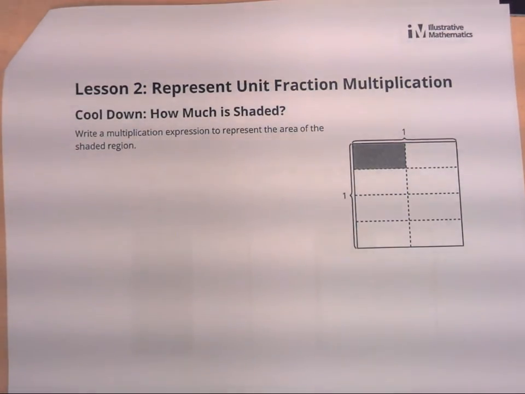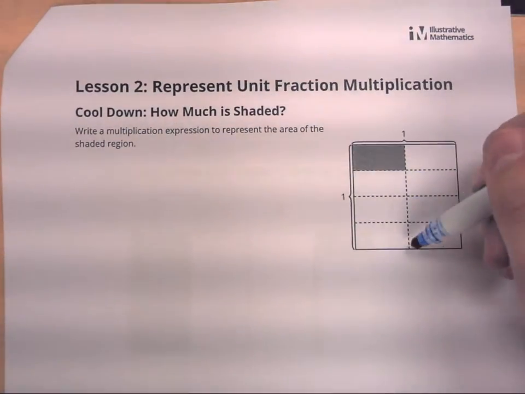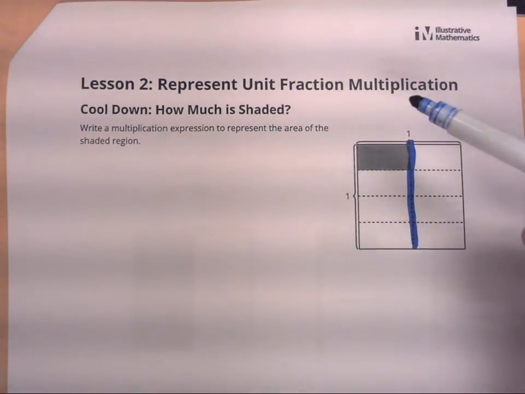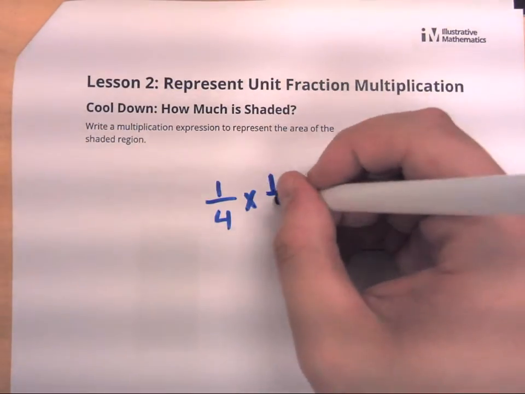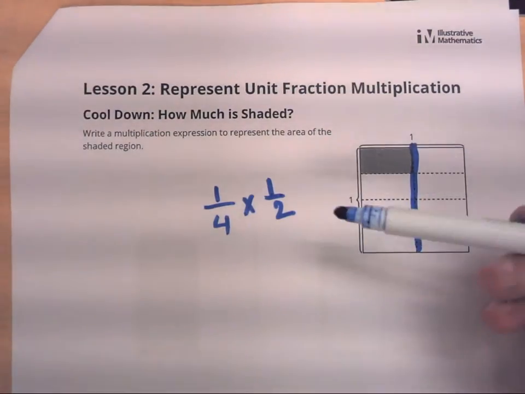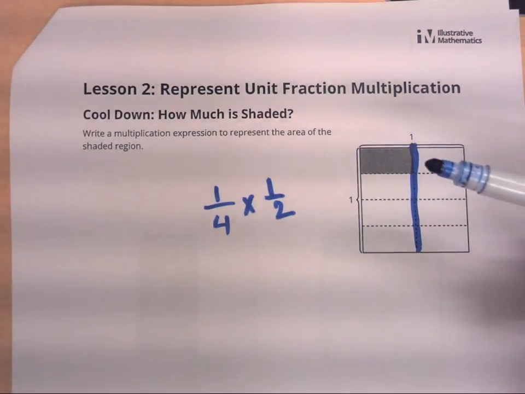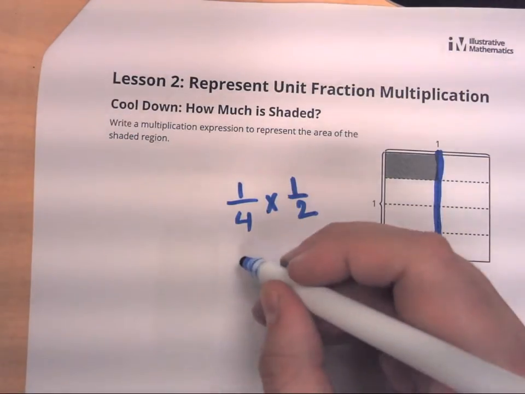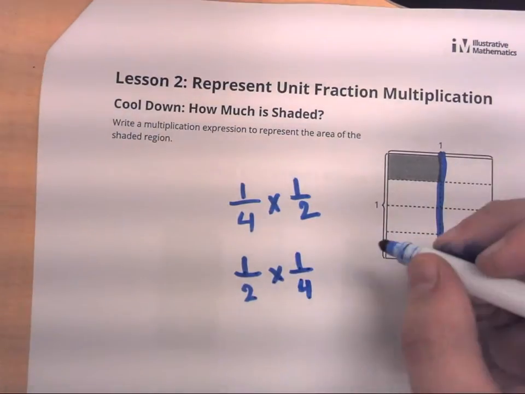And so, students either determined that 1/4 of 1/2 was being represented here. So, in other words, 1/4 multiplied by 1/2, or they saw horizontally, they saw fourths, and then they saw 1/2 of a fourth, and so in that case, they'd be multiplying 1/2 by 1/4, or finding 1/2 of a fourth.